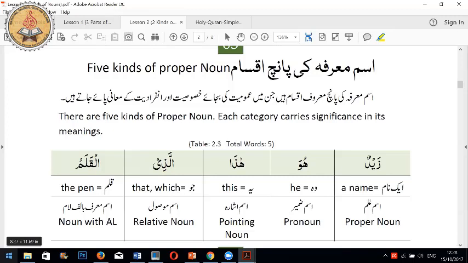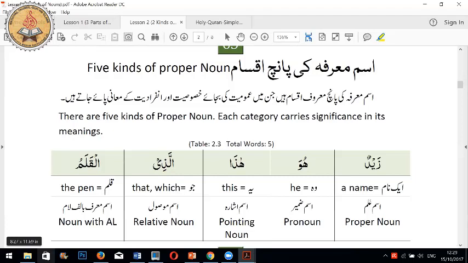For example, the proper noun, as I mentioned, pronoun, and the next word is hada, meaning this. This is called ismul ishara, pointing noun. And alladhi, which means that or which, is a relative noun. So ism is an umbrella, and under it come many English parts of speech related to noun, classified differently in English, but in Arabic they are considered as one, ism.